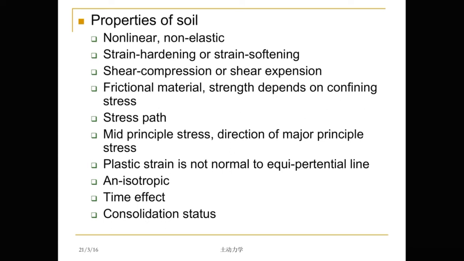Then there are only a larger one and a lower one, because the two horizontal stresses are the same. Then there's no difference. We couldn't find the mid principal stress in the triaxial test when we use a cylindrical specimen.